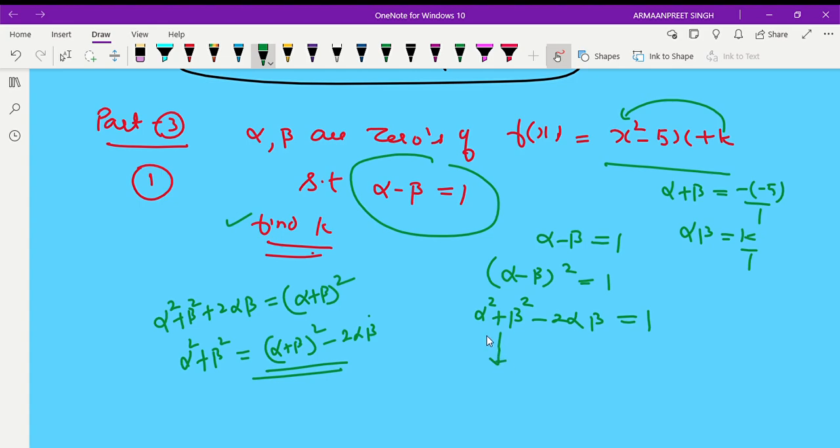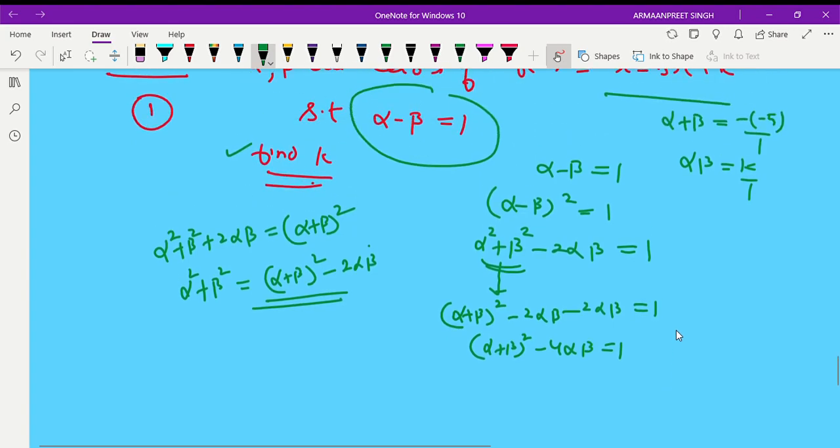Replace alpha square plus beta square by this value in terms of alpha beta and alpha plus beta. So replace it by alpha plus beta whole square minus 2 alpha beta, minus 2 alpha beta is equal to 1. Now you can write it as alpha plus beta whole square minus 4 alpha beta is equal to 1.